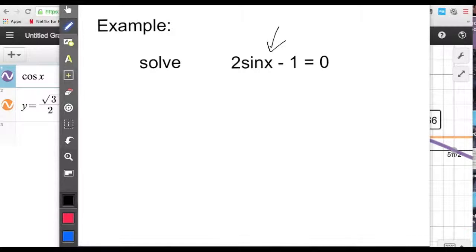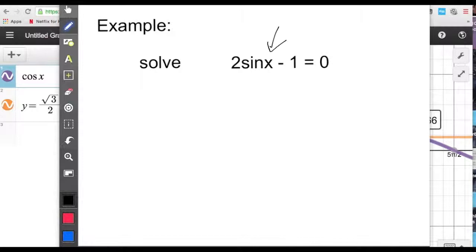So which values can I put in here so that 2 times the sine of that value, take away 1, I get 0? I could solve this graphically, but I want to solve it algebraically first. What we want to do here is get a value for sine.